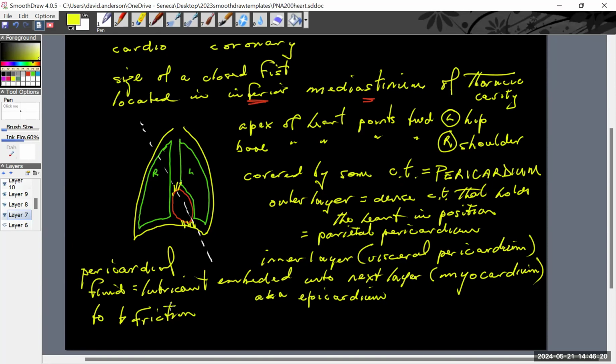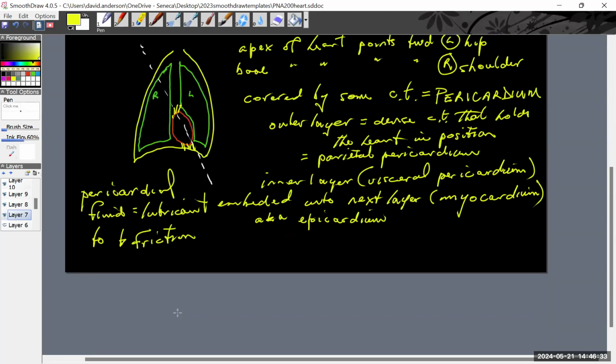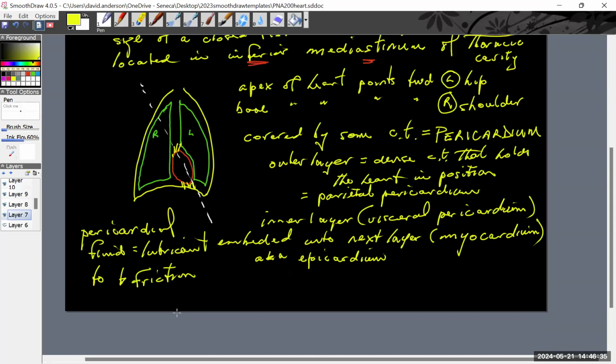So hopefully that makes sense. We okay with this so far? Yes. Okay. So this discussion we've just had really represents the outermost wall of the heart.